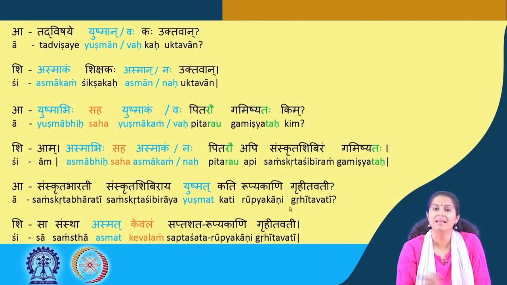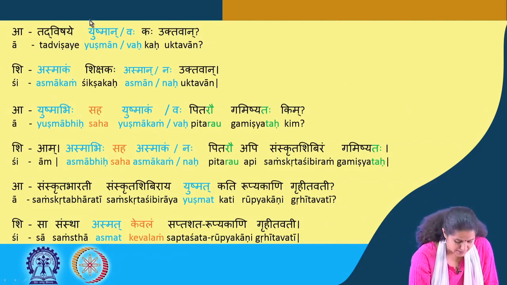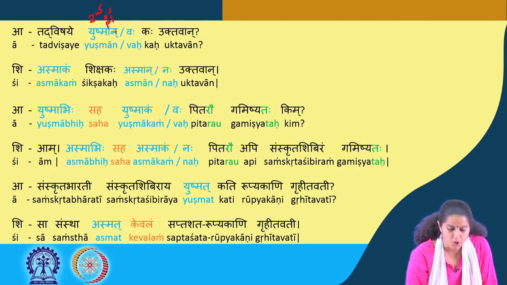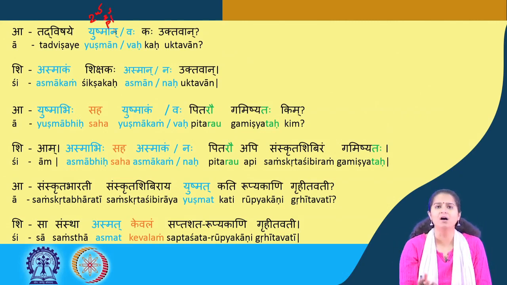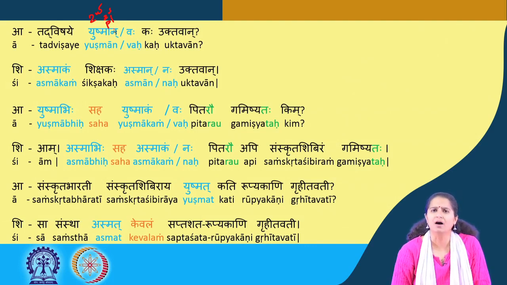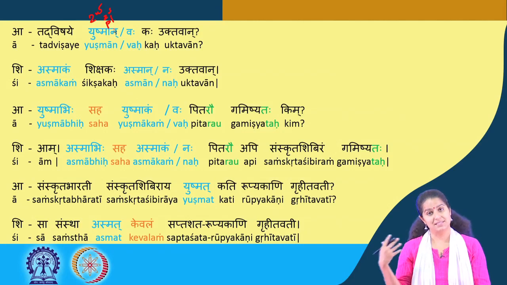Next, tad vishaye yushman or vaha. So yushman is the second case for the second person plural. Yushman or vaha. Kaha uktavan? Who told you about that, tad vishaye? Asmakam.